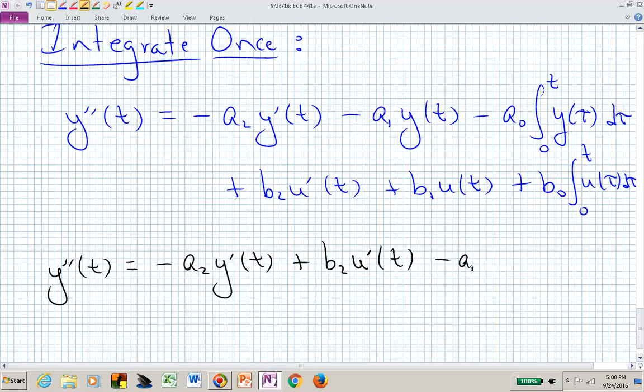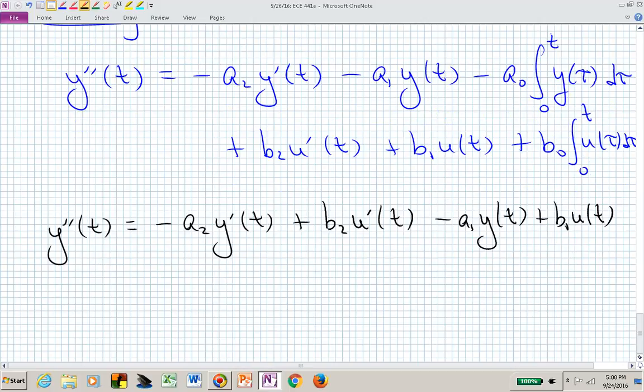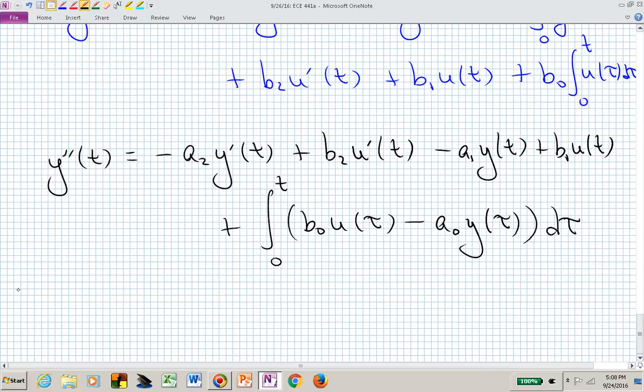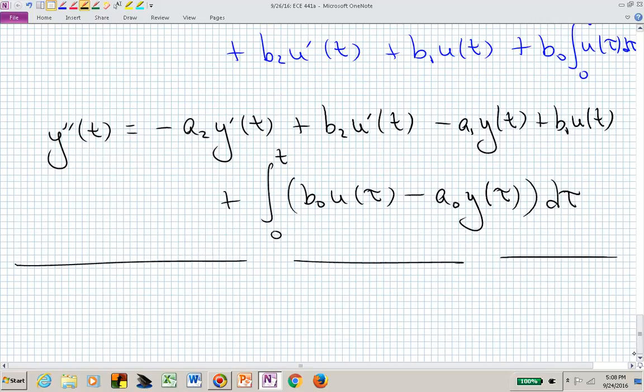Then I have a minus a1 y of t plus a b1 u of t. And now, doing what I suggested I was going to do, let me go ahead and combine, and now let me pull those coefficients inside. I now have this integral from 0 to t of b sub 0 u of tau minus a sub 0 y of tau d tau. I haven't done anything other than rearrange where the y's and the u's and the different differentiated variables are located.